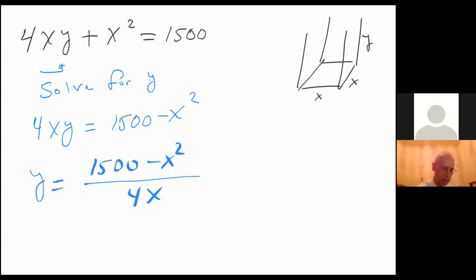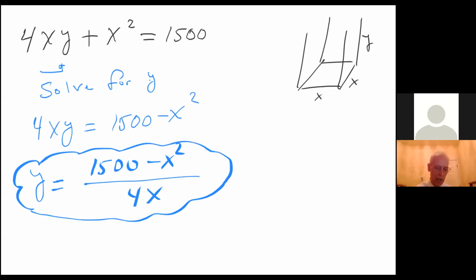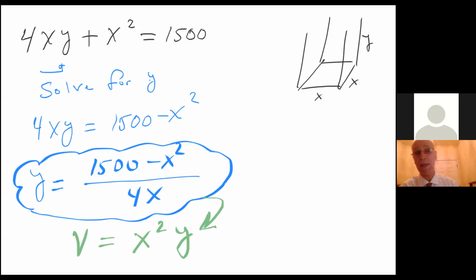Now that I know y equals that, I can substitute it into my volume. The volume equals the area of the base, which is x squared, times the height, which is y. So I can substitute this amount in here. This way, now I only have one variable. Let me go to the next page.